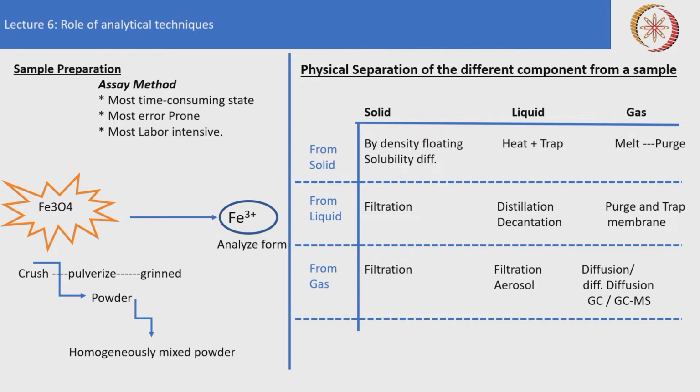So we can go to the previous slide. Here I have mentioned that suppose you have a liquid sample and you want to separate the solid sample. That method is filtration. The floating method is basically to separate two solid products.